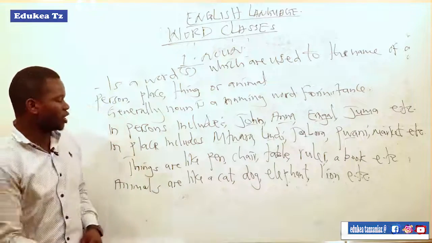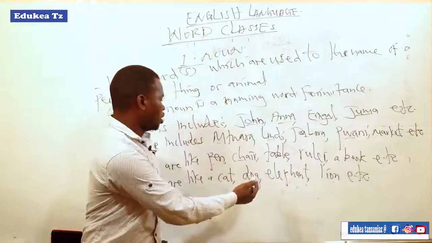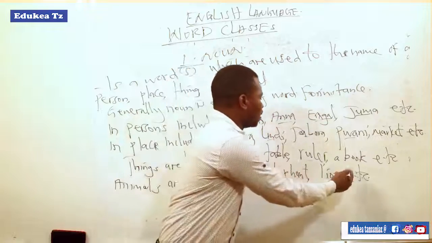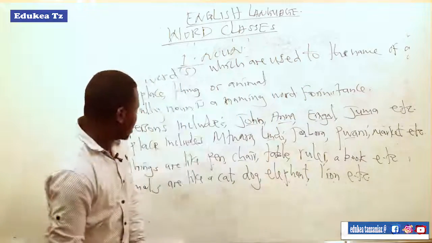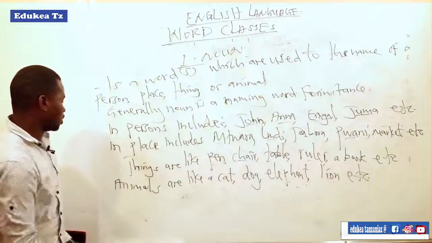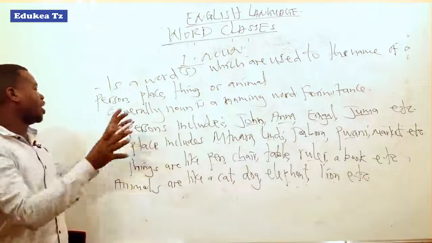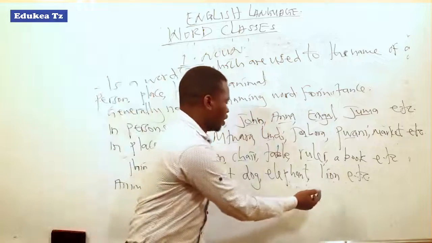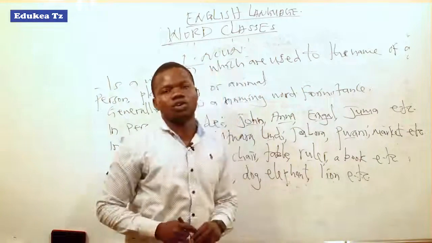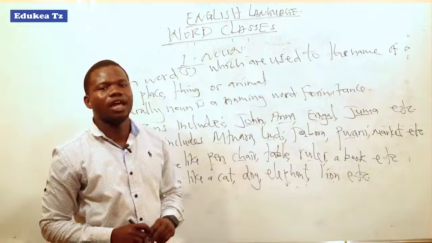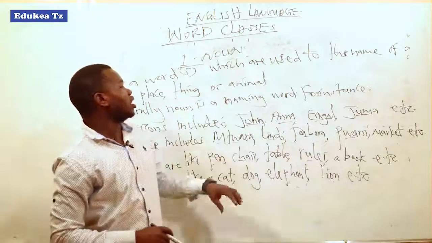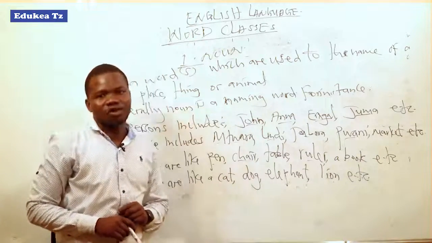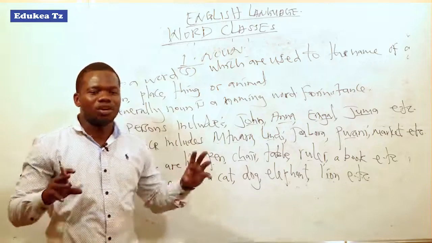Names of things include pen, chair, table, ruler, book, and others. And all names of animals including cat, dog, elephant, lion are also included as a noun.